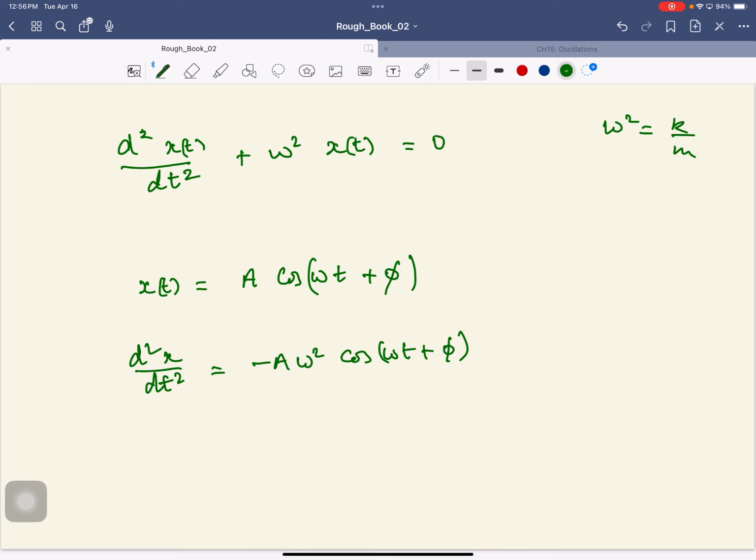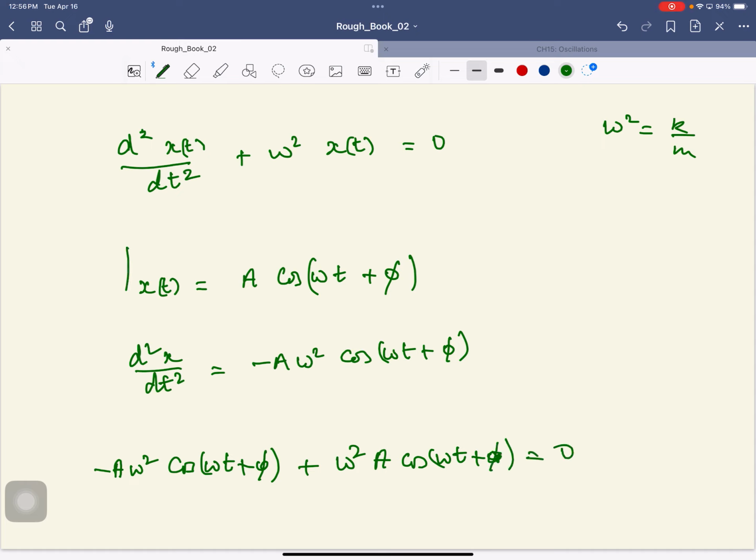All right, so now let's substitute it. We have the second derivative, we'll put that in there, and then we have this function, we'll put it in there. So minus A omega squared cosine(omega t plus phi) plus omega squared times A cosine(omega t plus phi), and that is identically 0.